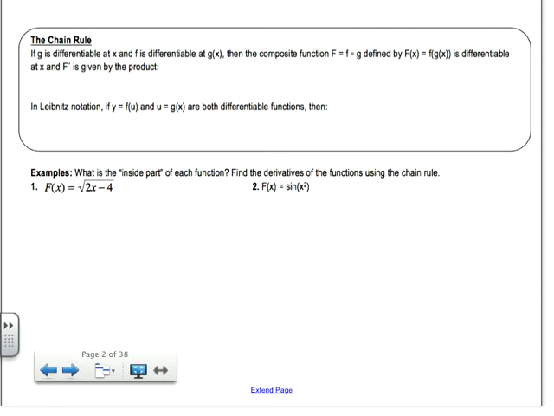Okay, so it's given by the product. F prime of g of x, so the inside stayed the same, times g prime of x. So the inside is the same, and then the second part is derivative of inside.